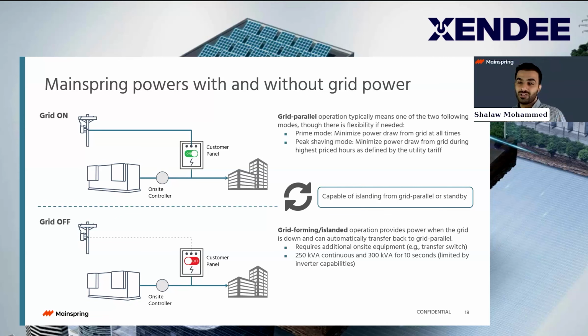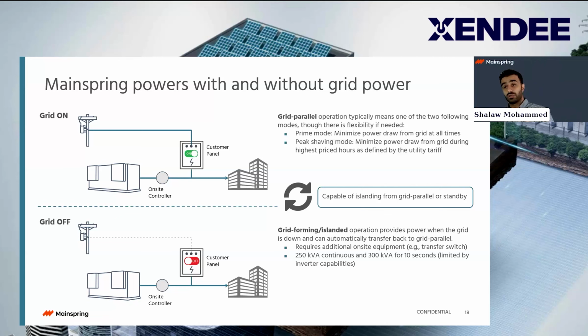When you look at an engine, you need a paralleling breaker. You need sensing on both the utility side and the generator side. The generator needs to sync, drive into that, close the breaker, and then go about business. Well, in an inverter case, it picks that up and immediately changes the output based on whatever the frequency and voltage requirement is. So there is that fast capability when it comes to grid paralleling.